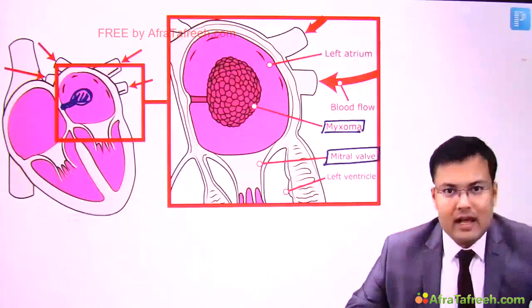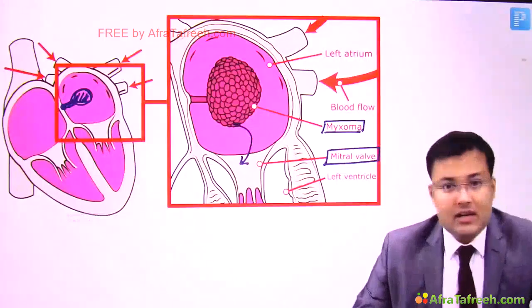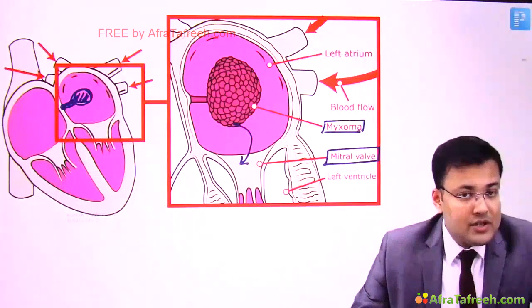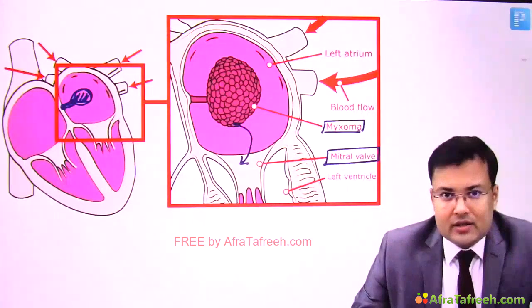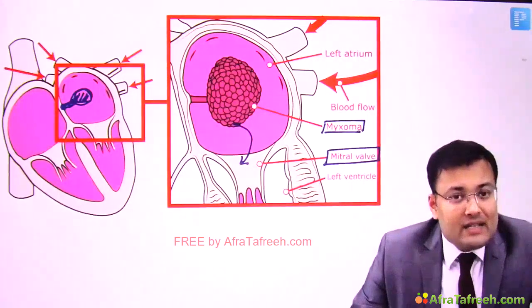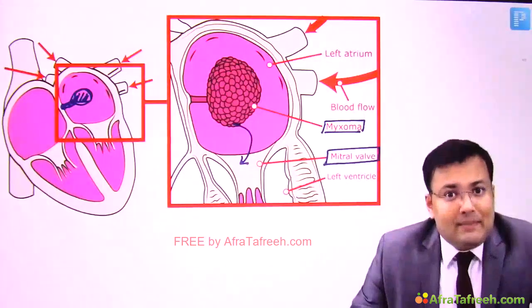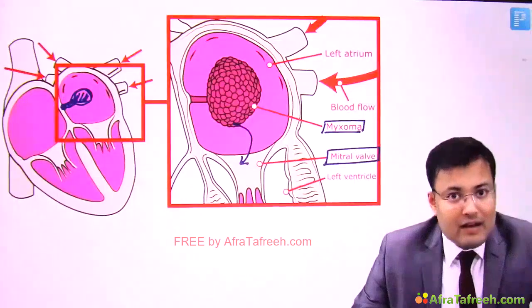This is the mitral valve. Sometimes it occludes this valve, so there is mitral valve obstruction. Sometimes there is mitral regurgitation or mitral stenosis.